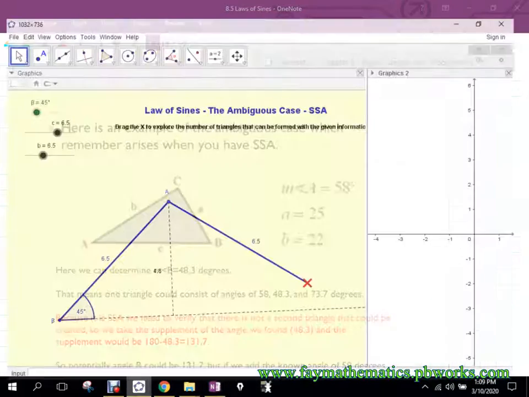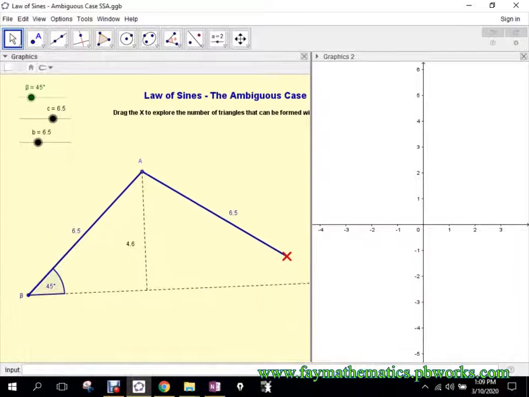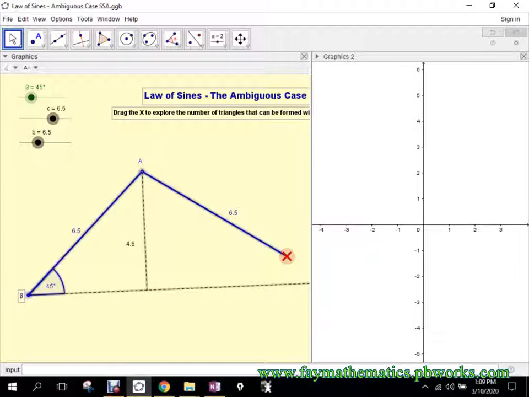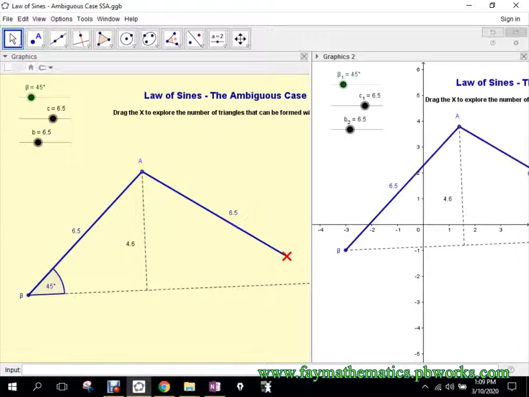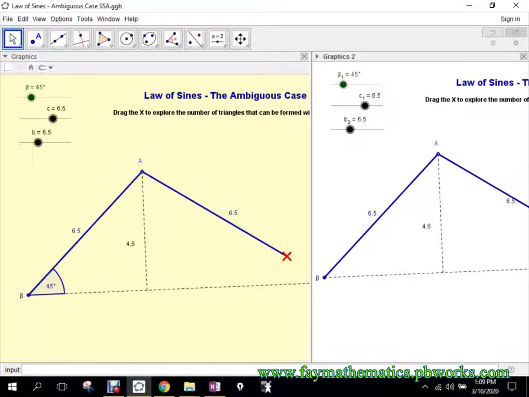I just want to demonstrate here what the ambiguous case is, and why we might have multiple results. So I'm going to select all this, copy, paste, get rid of the axes.